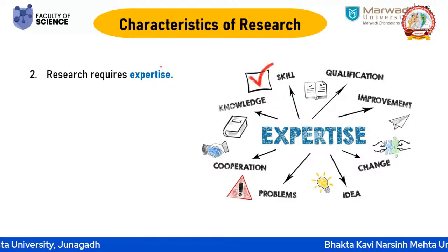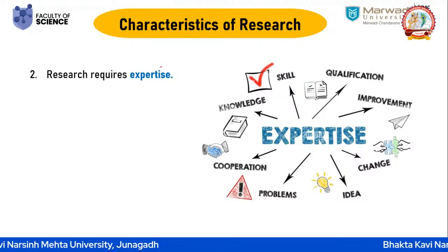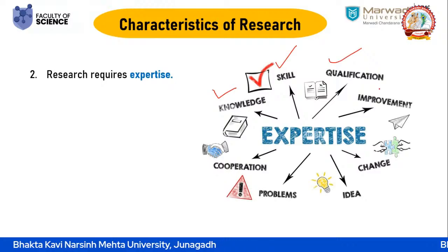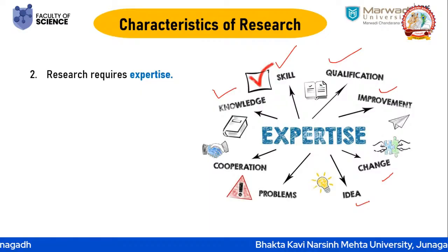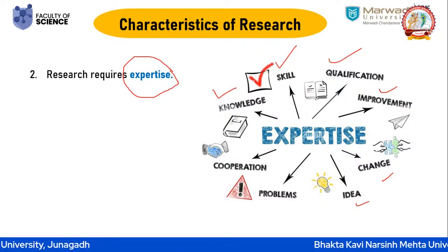These are the skills and expertise that you have, and with them you can perform the experiment and come out with a certain type of research. Skills, basic knowledge about your research, and qualification are required, and you know how to improve and change things and have a certain idea. So it is a very important point that you should have expertise in your research.